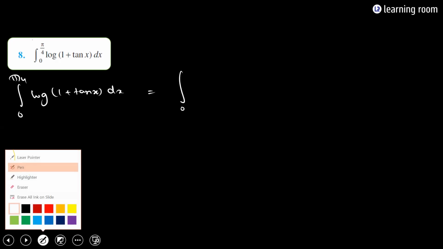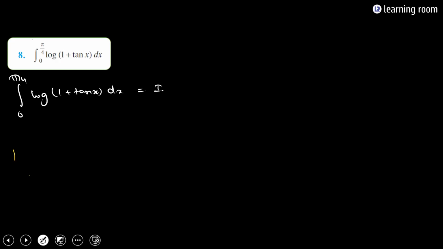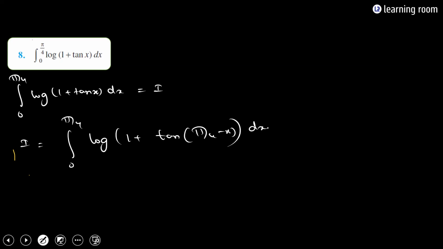So integral of 0 to pi by 4 log of (1 plus tan x) dx. If I take this to be I, the same I is equal to integral of 0 to pi by 4 log of 1 plus tan of (pi by 4 minus x), using the f of a minus x property.